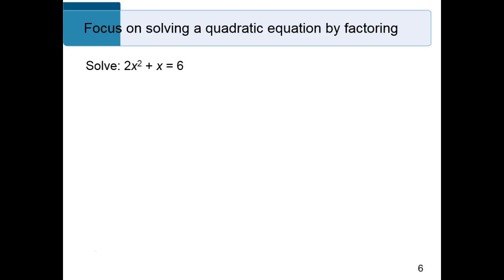Here's a quadratic equation. Or is that a quadratic equation? What makes it a quadratic equation? Okay. The maximum exponent is 2. That makes it a quadratic. Okay? Now, how would you approach that?